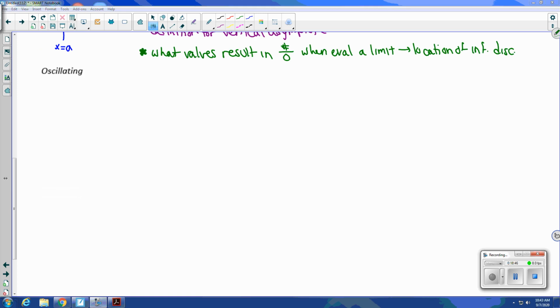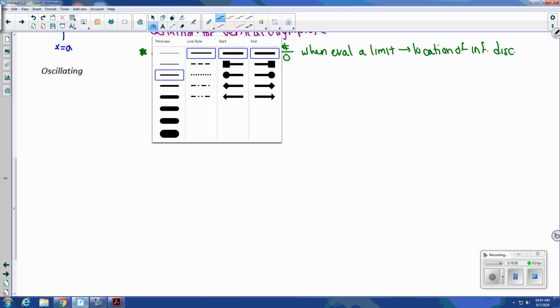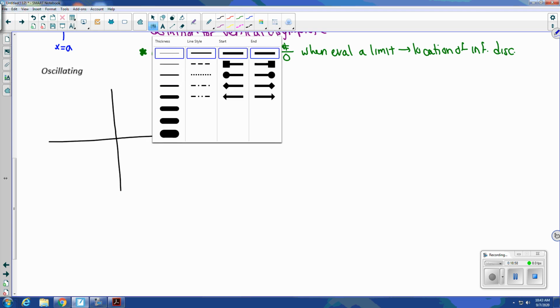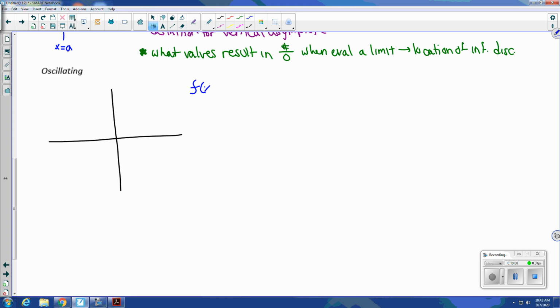Then the last type of discontinuity is oscillating discontinuity, which is best seen through a picture. So I'm going to draw a quick coordinate plane here. An example function would be f of x equals sine of 1 over x. We can see at 0, we're going to have a problem there.